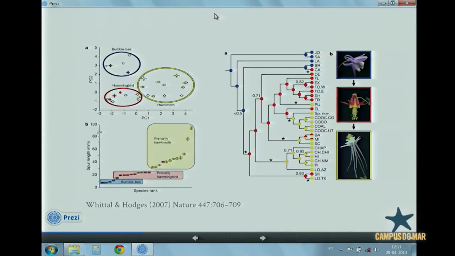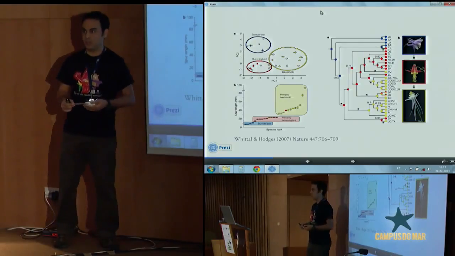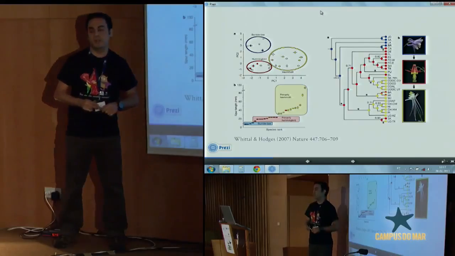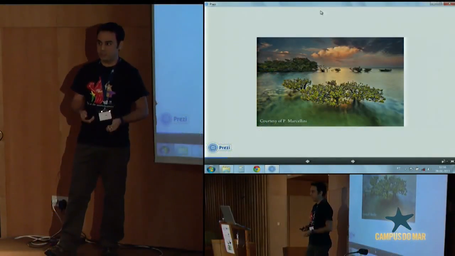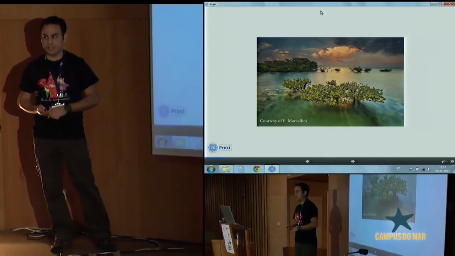Then we have another textbook example, this one regarding pollination systems with columbine flowers, where the authors found a change in spur length in relation to shifts to pollinators with different tongue length. Of course, in studies with pollination systems, speciation and extinction themselves are influenced by a group of factors, including ecological interactions.